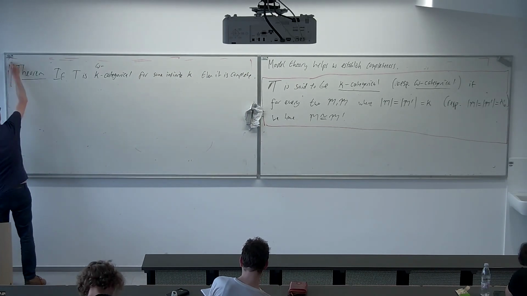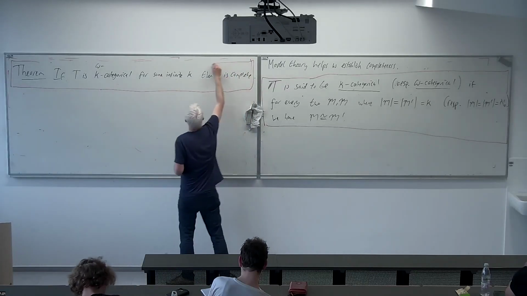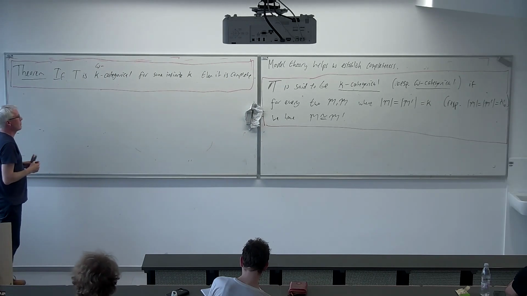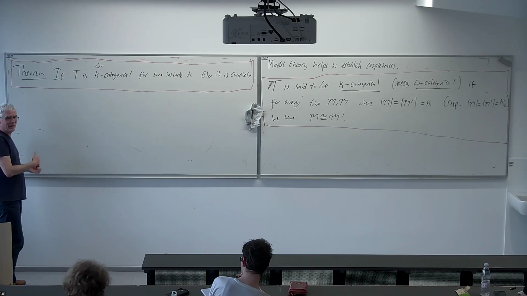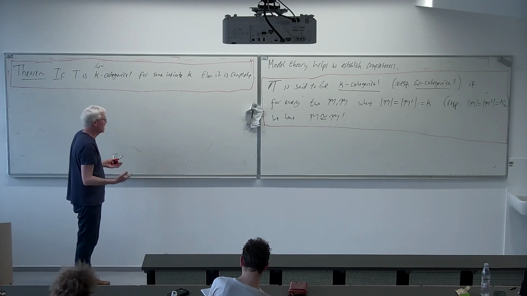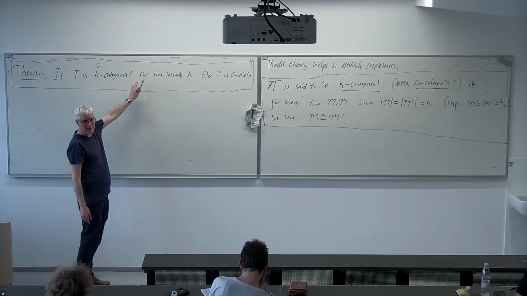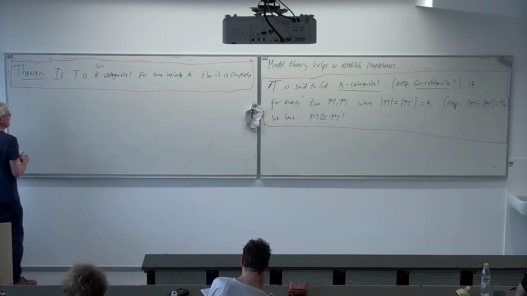I'm in a mood for drawing red boxes today, to flag what's important. So the point is, if we have a computably axiomatized theory, which we nicely have often because we have the axioms, then if we can show it's kappa categorical for some kappa, we have a decidability result.